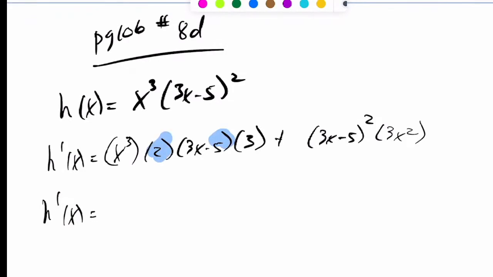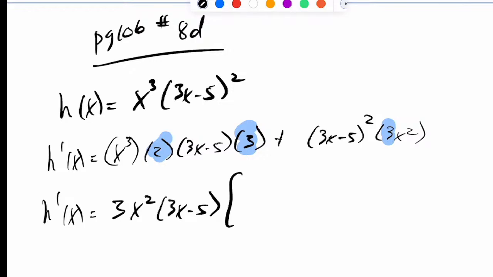So I have a 2 and a 3 here, and a 3 here, so I can GCF out a 3. I can also factor out an x squared, and a single 3x minus 5. So what am I left with? I'll be left with a 2, no 3x minus 5s, no 3s, and since I took out an x squared, I'll be left with a single x.